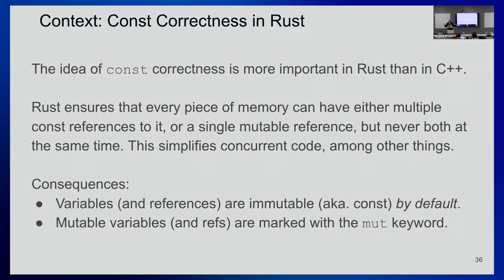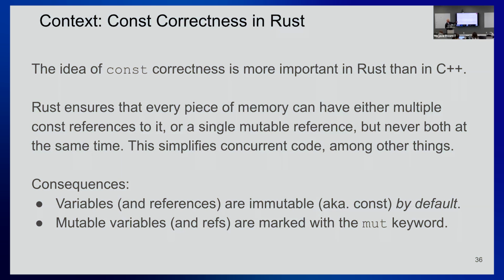You cannot have both reading and writing references to the same thing. They do this mainly because it simplifies writing highly performant concurrent code that has no checks, no exclusion primitives, but there are other reasons as well. The consequence, reflected in the design of the language, is that variables and references are immutable by default.